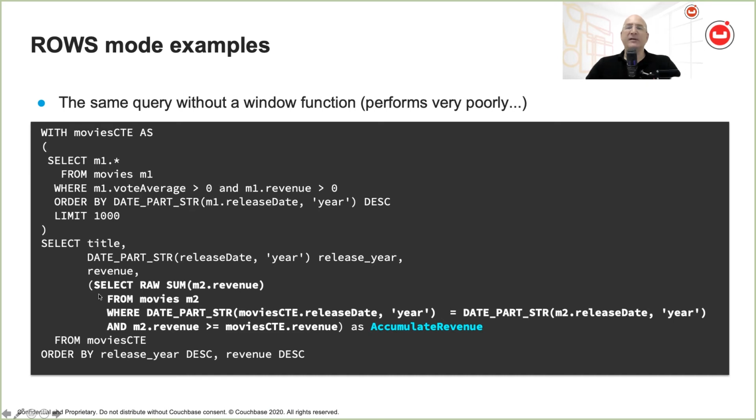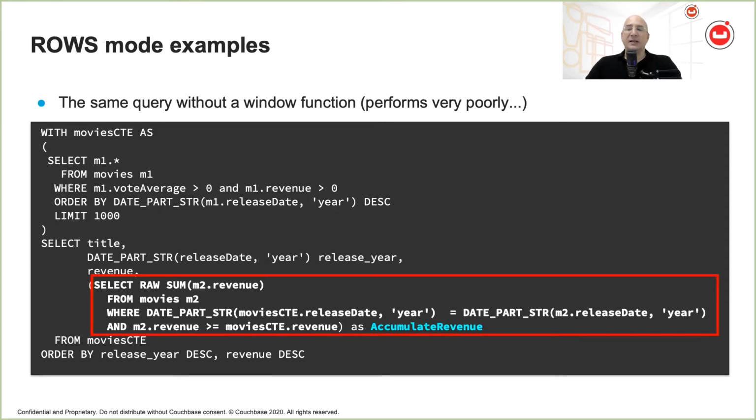If I wanted to write the same query without window functions, I would probably need to perform a calculation of the aggregated sum for every document using a select statement. Notice the inner select statement here within the outer select clause. That will force Couchbase to perform the inner select for each and every document.